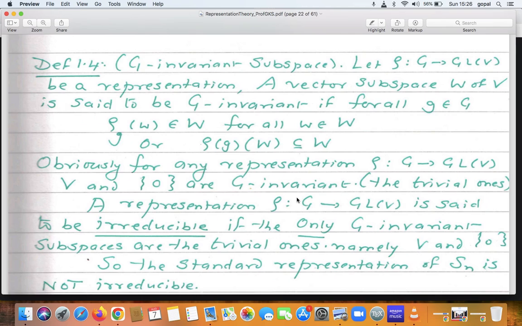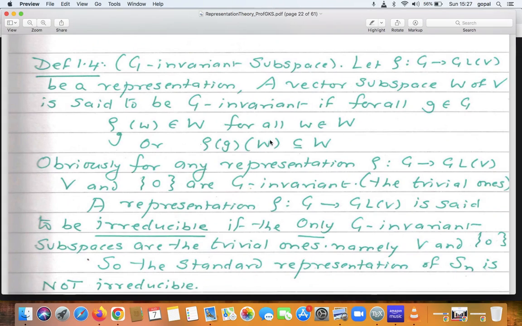Let us take a representation rho from G to GL(V), and a vector subspace W is said to be G invariant if for each little g in capital G, the linear transformation rho sub g, the value of rho at g, which is an element of GL(V), a linear transformation from V to V, and W is a subspace of V, satisfies rho sub g of W contained in W. This must happen for all g's simultaneously.